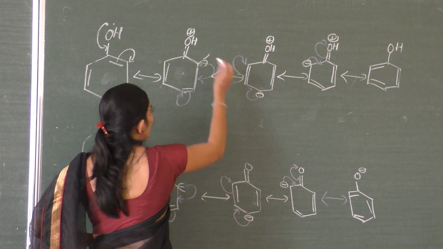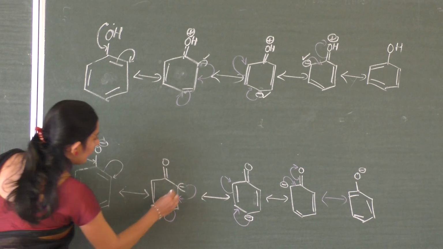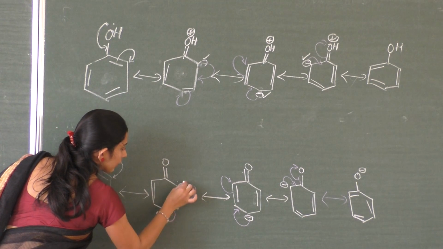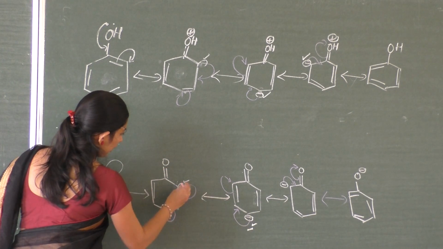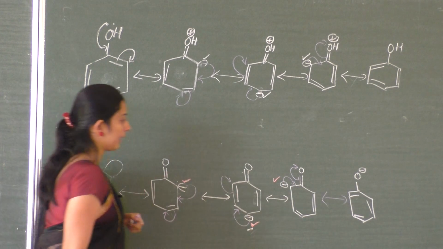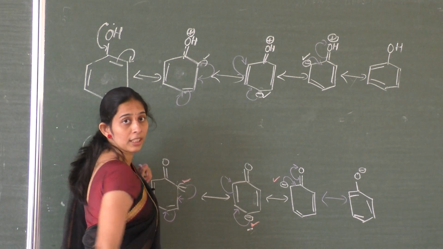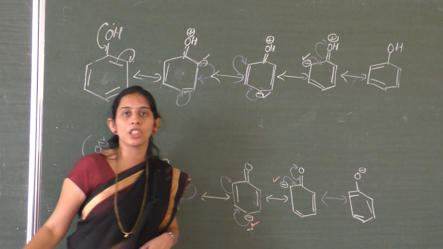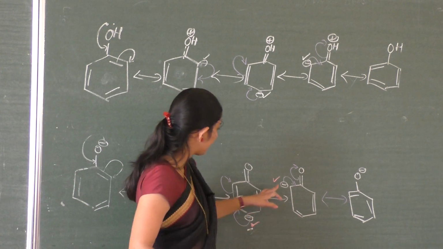So here, and here. In the same way, here a negative charge, here a negative charge, here a negative charge, here a negative charge, and here a negative charge. So in the second position, fourth position as well as the sixth position, it has a negative charge, isn't it?